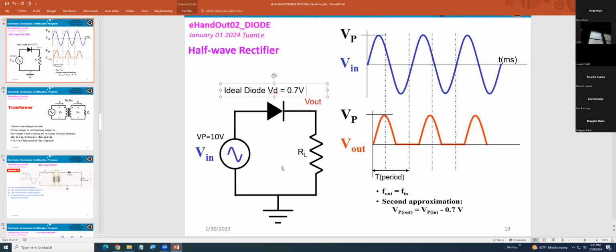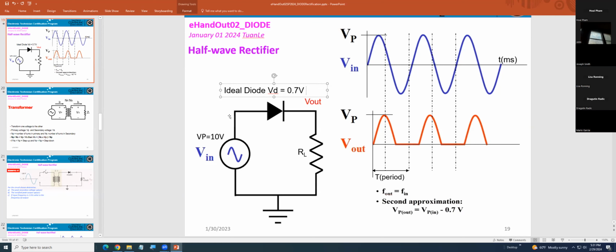Now, when the input is 10 volts positive, the diode is on.